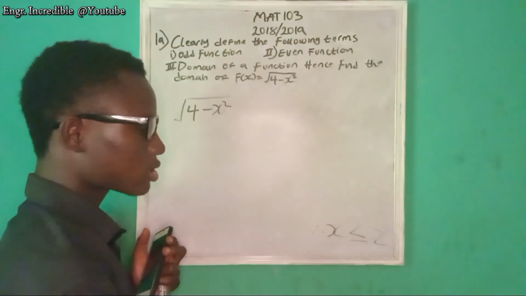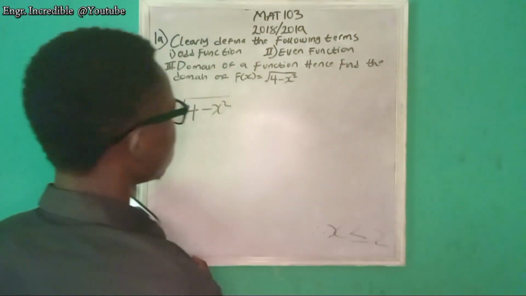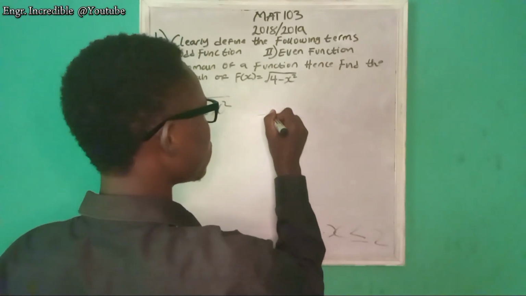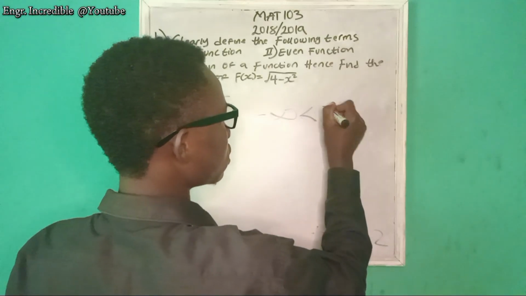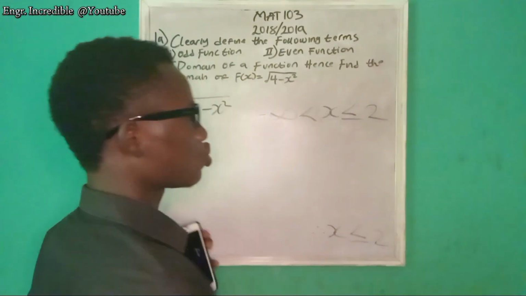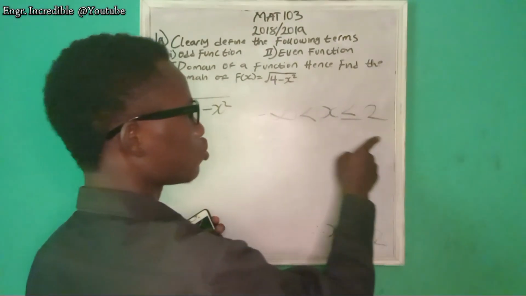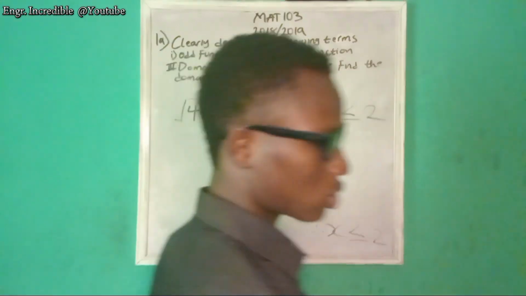If you are going to be writing this in standard form, you can write it as minus infinity is less than x, and x is less than or equal to 2. That means the total is from minus infinity to 2. So this is the domain of the function 4 minus x squared.